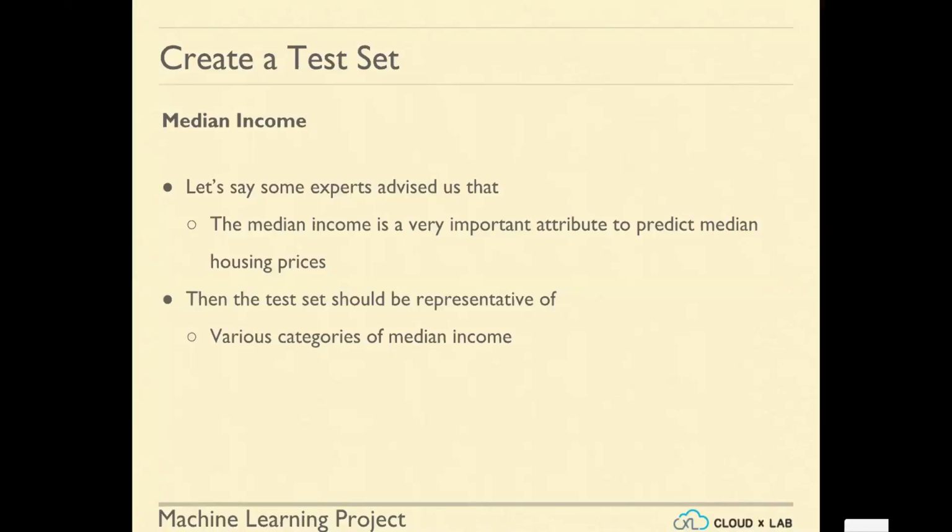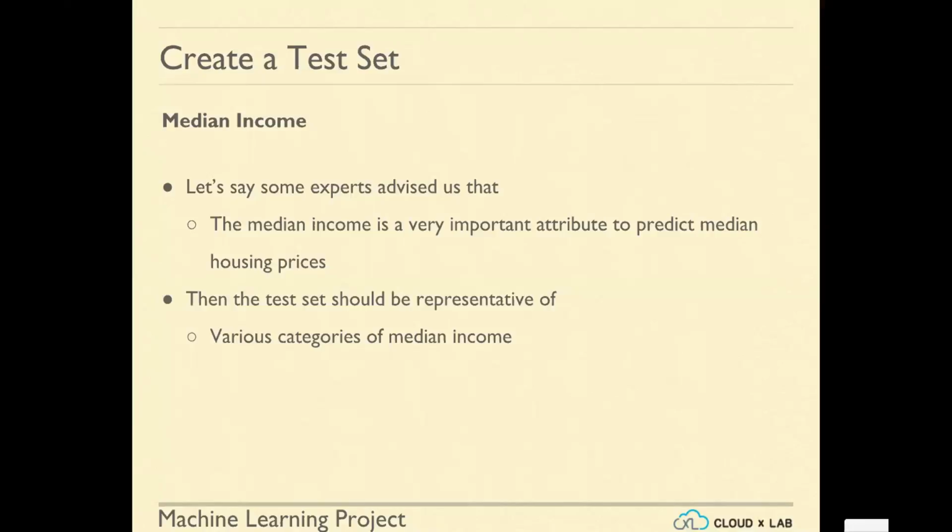Again, what we're talking about is housing prices. One of the attributes in the housing data is the median income of that district, right? Every record in the data has the median housing price of the district and the median income of people in that district, and various other aspects like longitude, latitude, and other things with respect to that particular district.